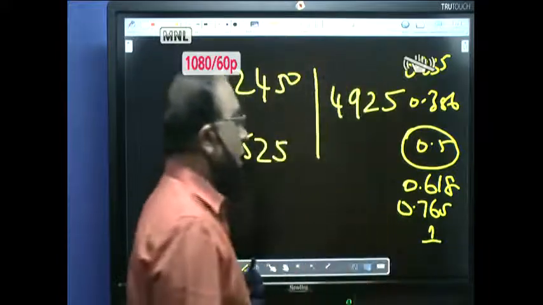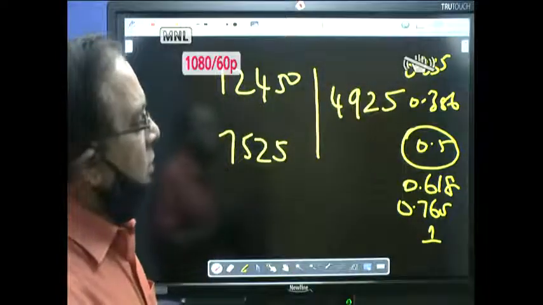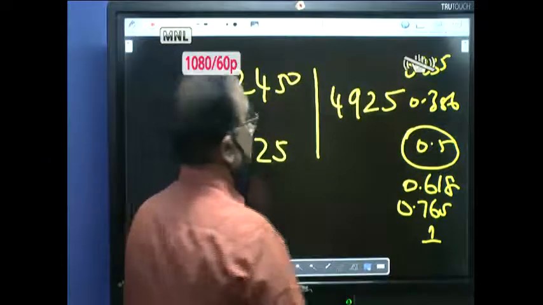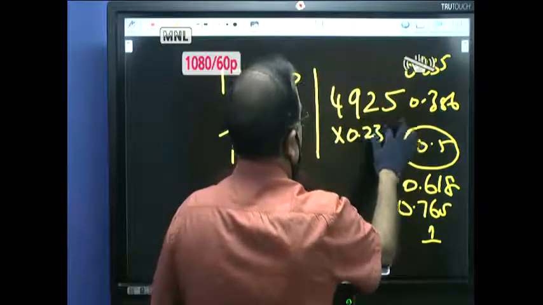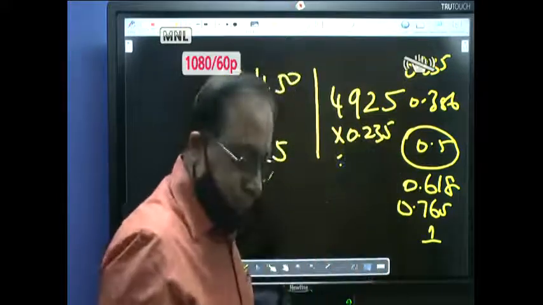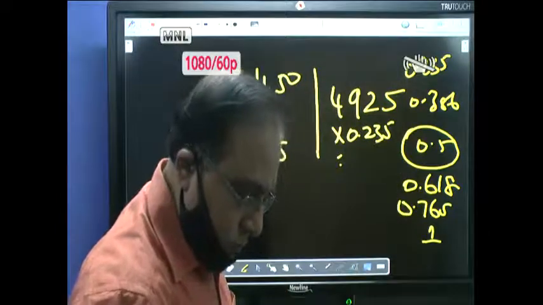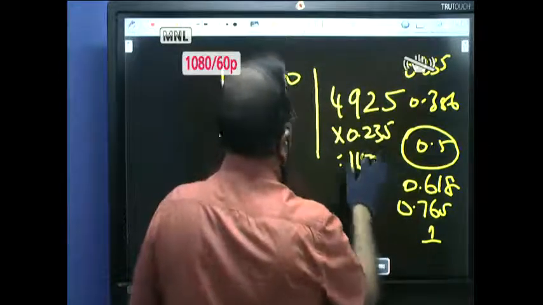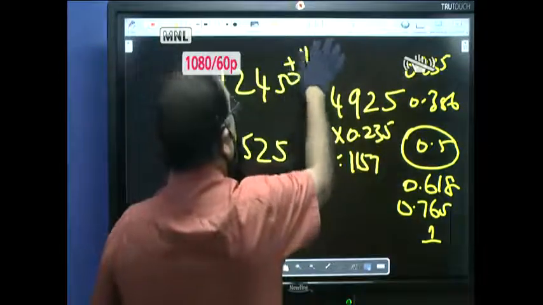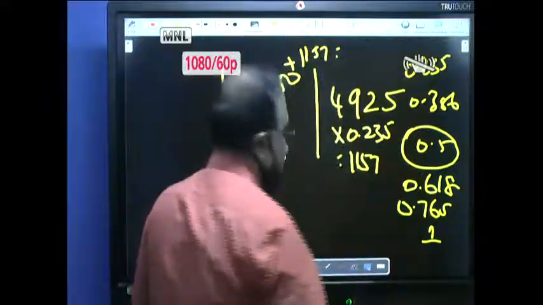Okay, so let's apply this and see. Now 4,925 into, let us say, 0.235, the first one, is 1,157. So this 1,157, let us add to 12,450.